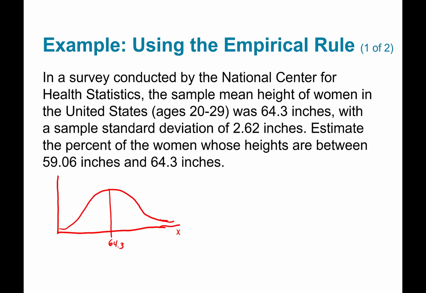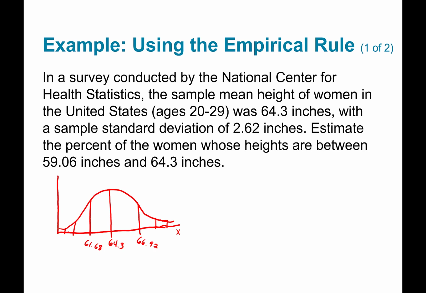So 64.3 plus 2.62, we get 66.92 for 1 standard deviation above. Similarly, subtracting it from 64.3, we get 61.68 for the first one below. And using a similar approach, we can find 2 and 3 standard deviations above or below the mean.